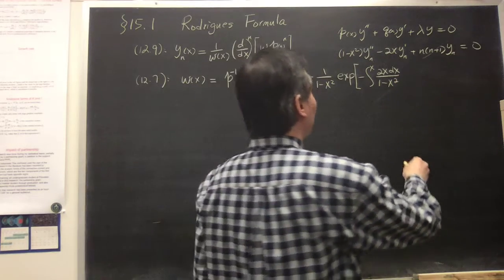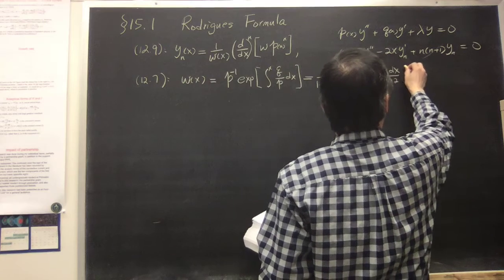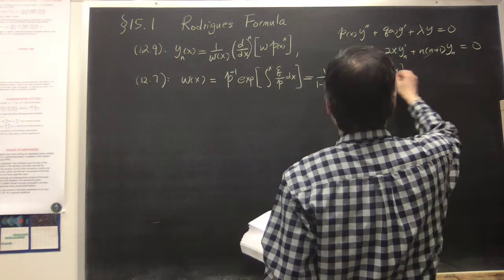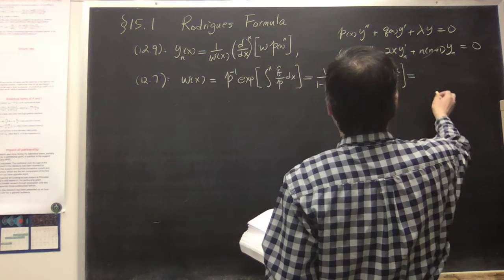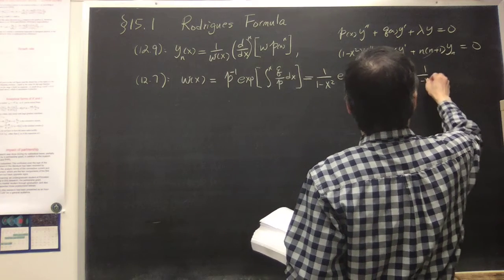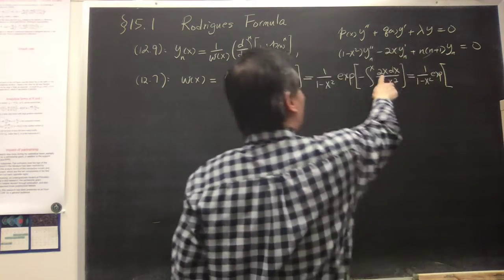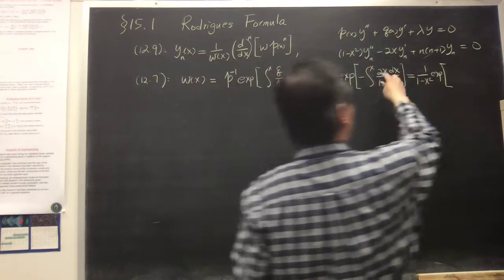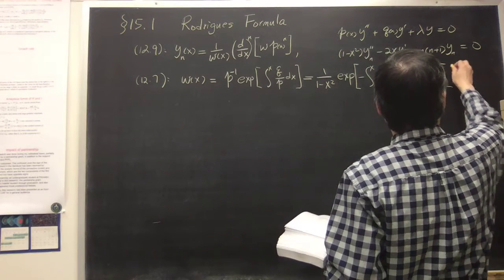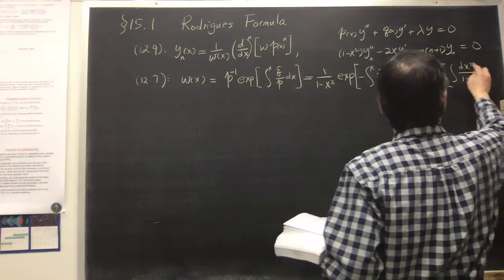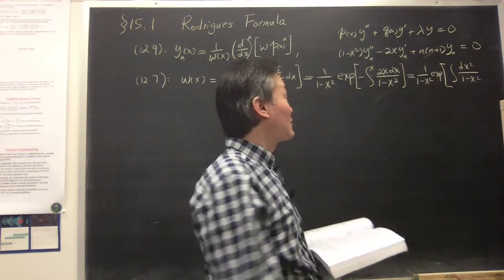And then we can simplify that to 1 minus x squared, exponential function, and this integration can change to d(x squared) over 1 minus x squared, because d(x squared) is 2x dx.